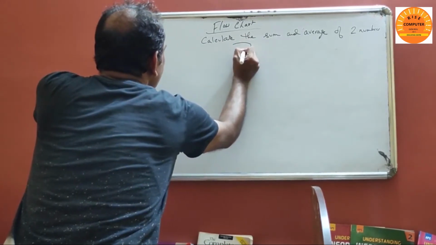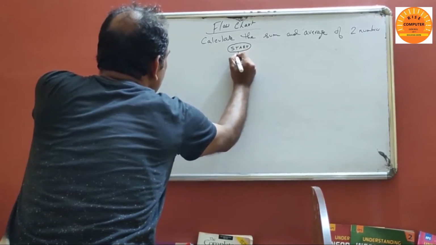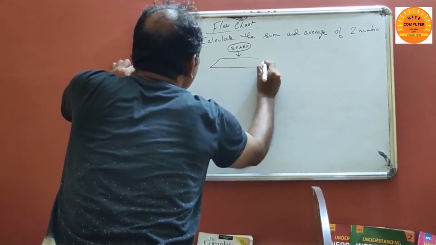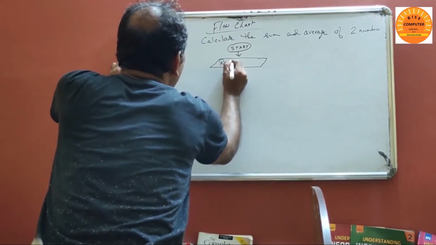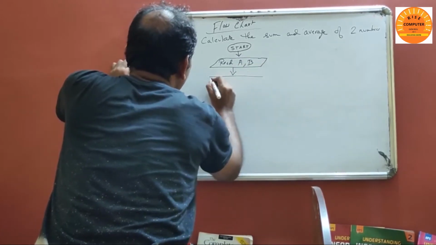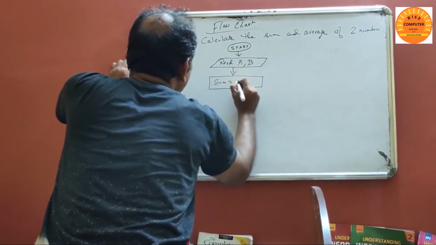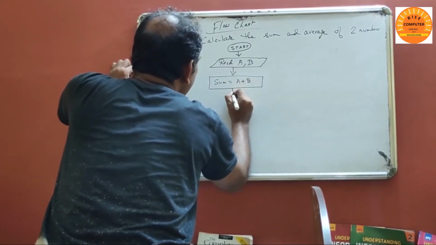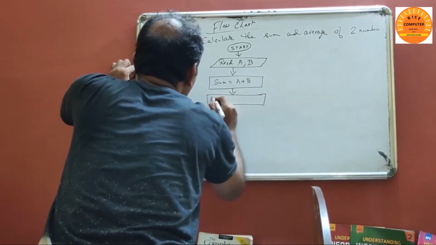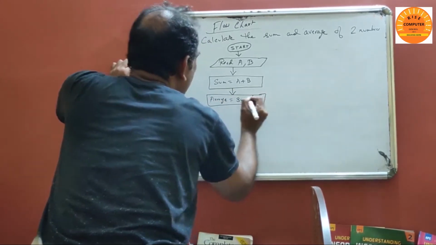So first start, then input two numbers A and B. Then the process box, that is the calculation: sum equal to A plus B. Average equal to sum divided by 2.